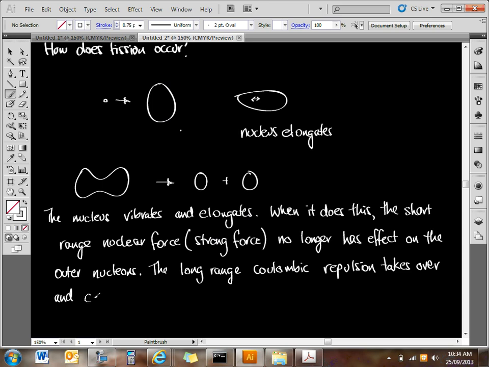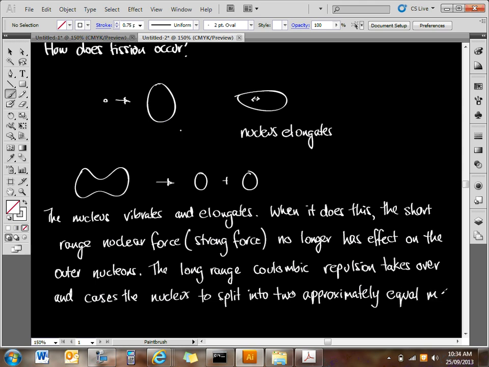and causes the nucleus to split into two approximately equal mass nuclei.